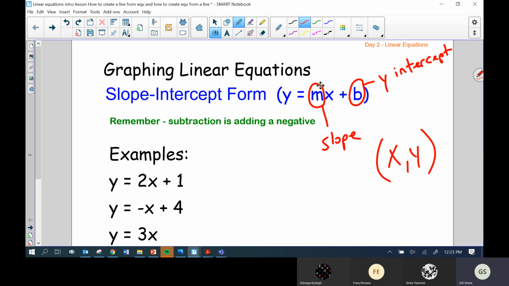Because remember, what's the math going on between this m and this x? They're next to each other. What does that mean? What's the math going on between the 2 and the x? Tell me you don't remember that.